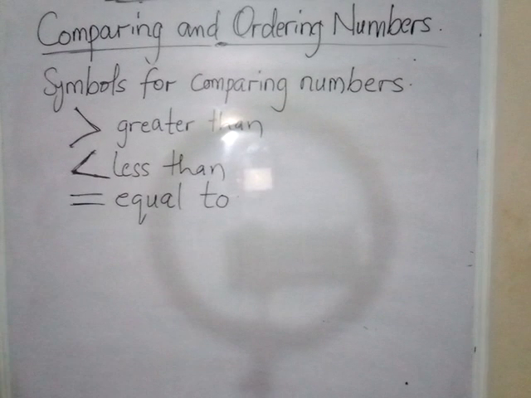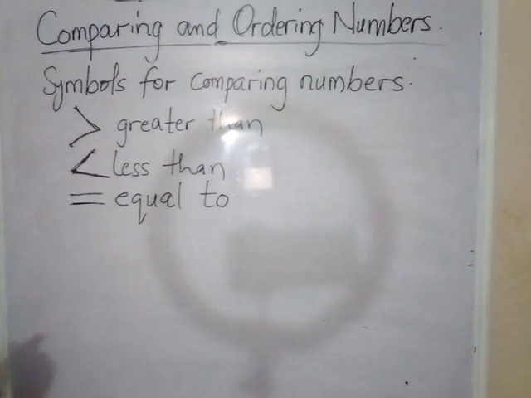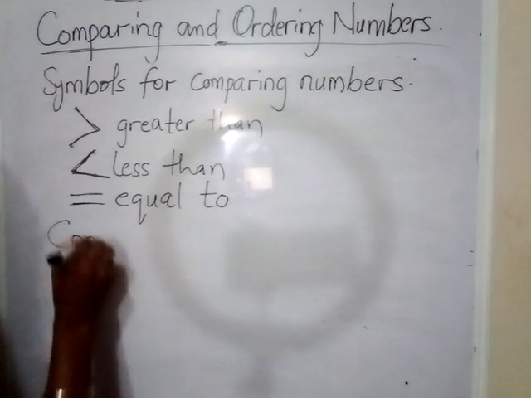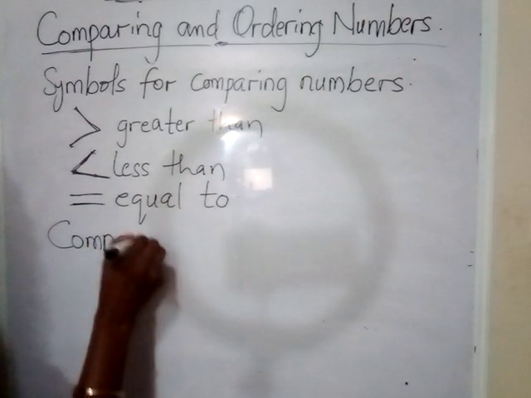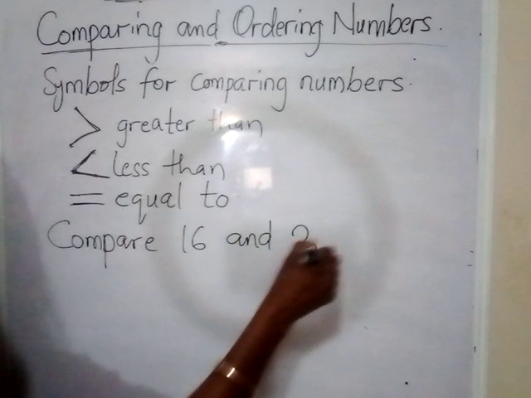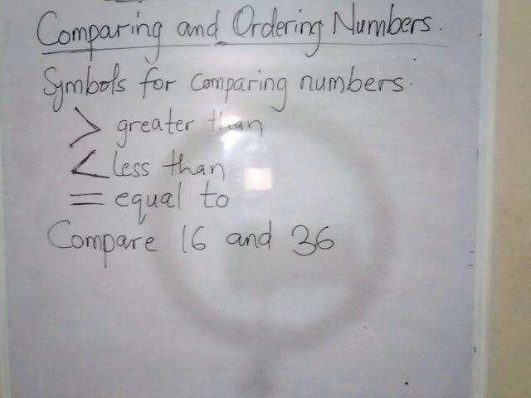So let's take an example. Let's compare two numbers and we try and use these symbols. So let's compare 16 and maybe 36. Let's try and compare these two numbers. There are two things that you can use.